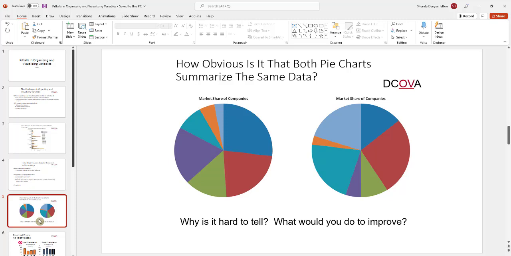So this is the market share of companies. So if you have different companies, you may want to say the dark blue represents Microsoft. The green represents Best Buy. So you have to label the chart correctly so people know what's indicated on the chart.